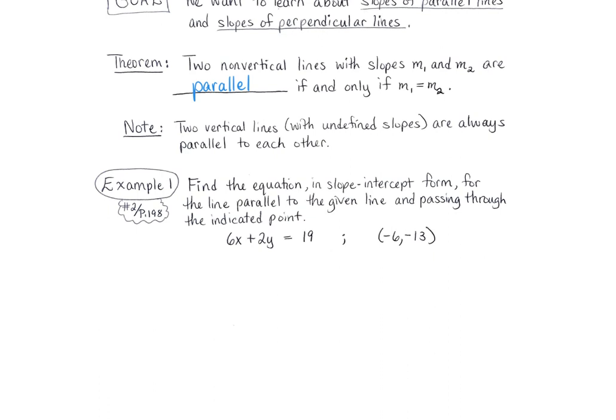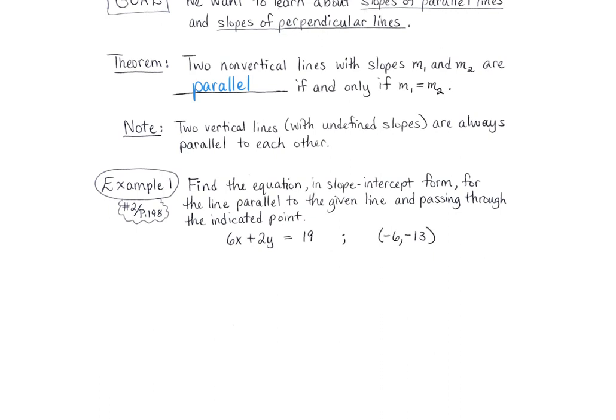This is the given line here, and it passes through this point. So, if we want it parallel to this line, what should we do with this line first? Put it in slope-intercept form to find what? The slope. Good. So let's do that.